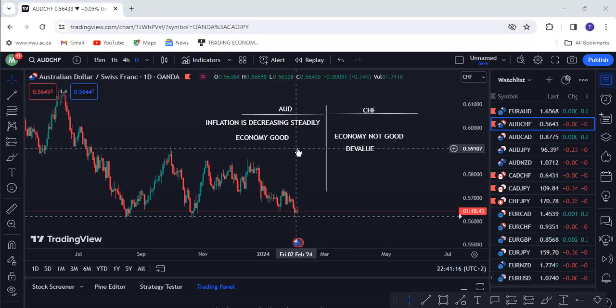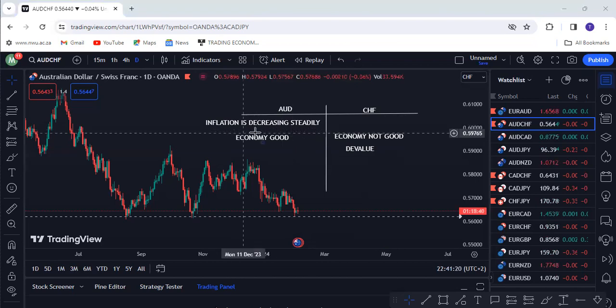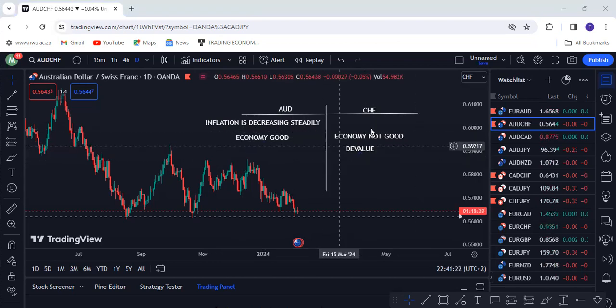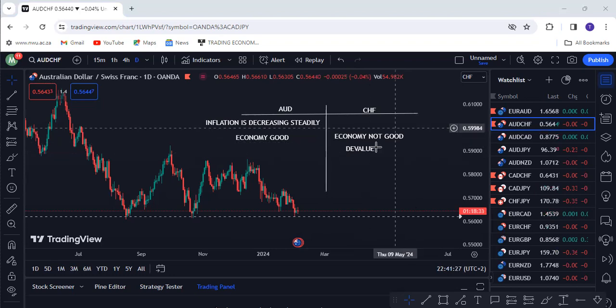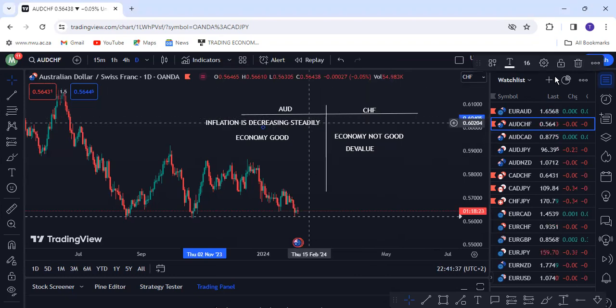So we've got two economies, one which is doing very well, the other which is not good, and the central bank is intentionally devaluing the currency. And we've got very low inflation. Where do I copy this?